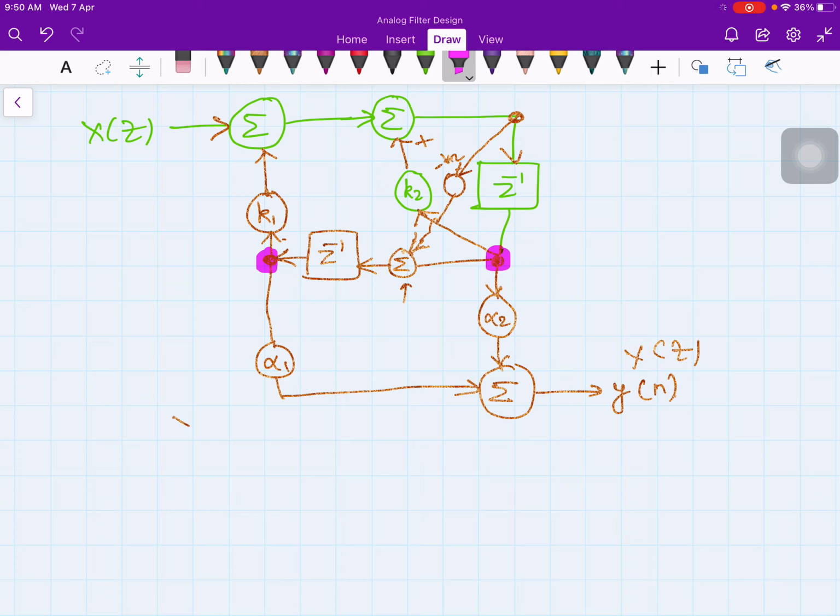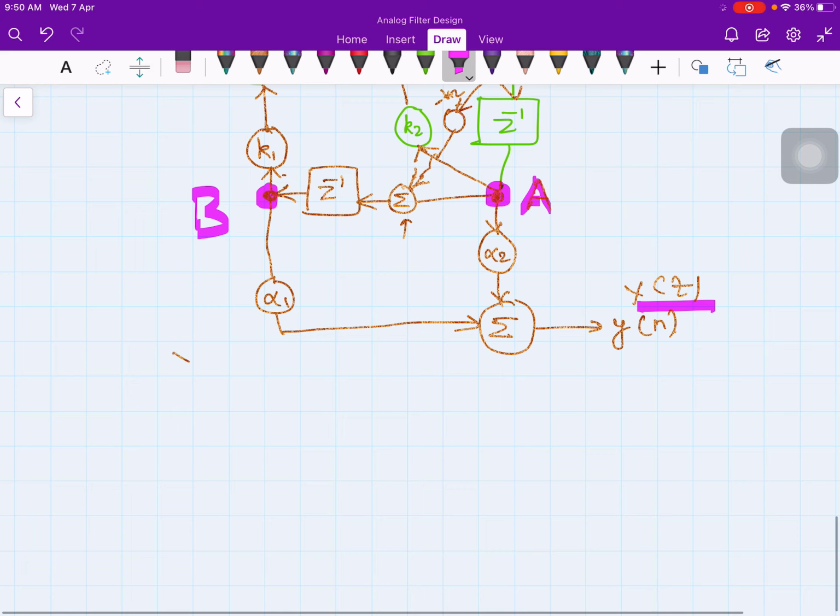Okay, I need to find out y of z, so that if I know the signal value at this point, let me call it a, and this point b. If I know the value of the signal at point a and point b, then I will be able to write down the output very comfortably. So it is a good idea, except at trivial nodes, to indicate some intermediate signals.